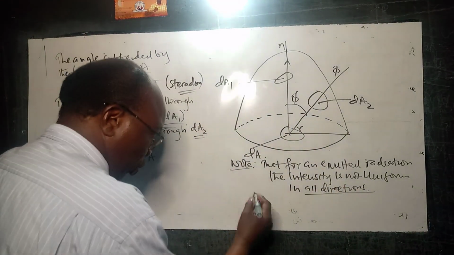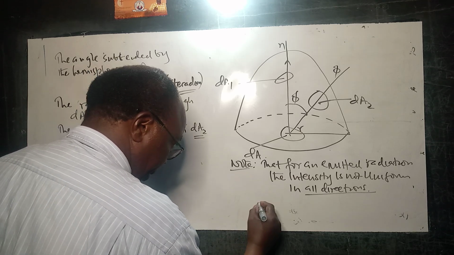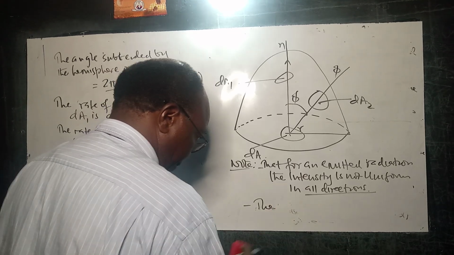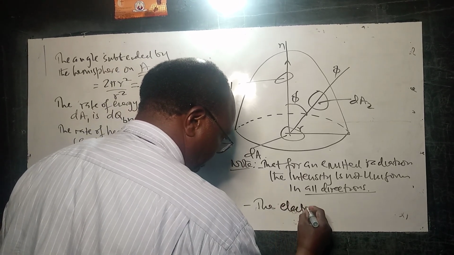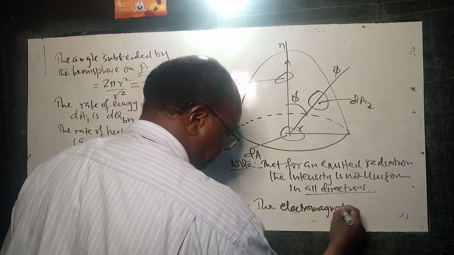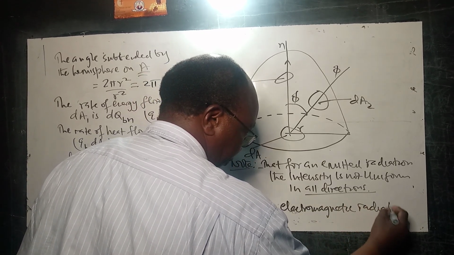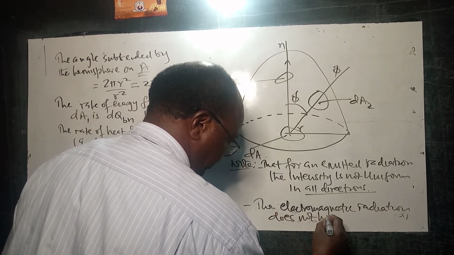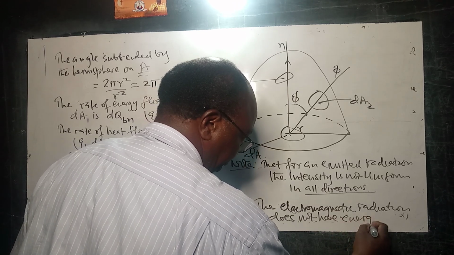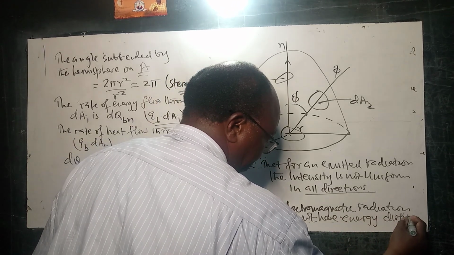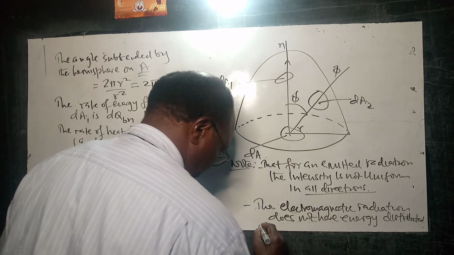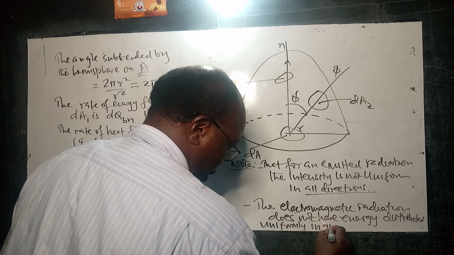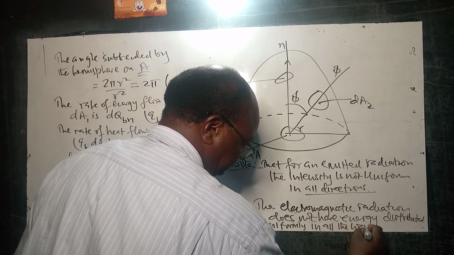So the electromagnetic radiation does not have energy distributed uniformly in all the wavelengths.